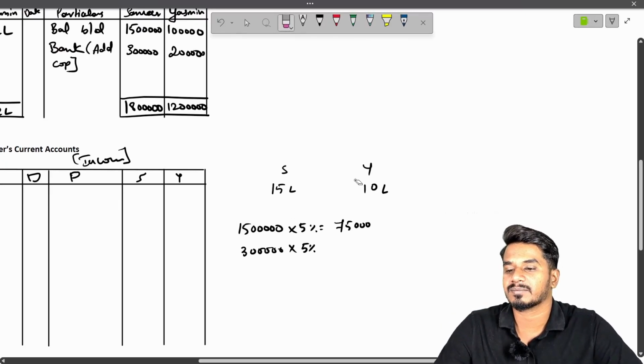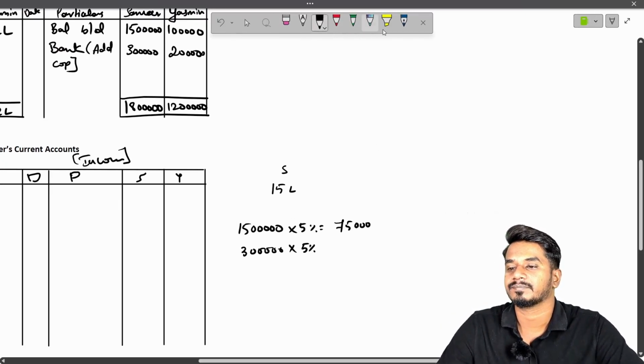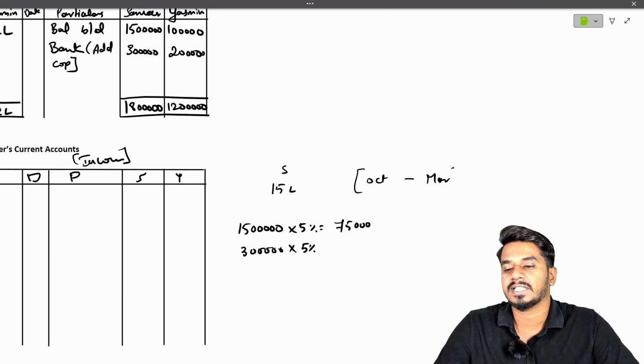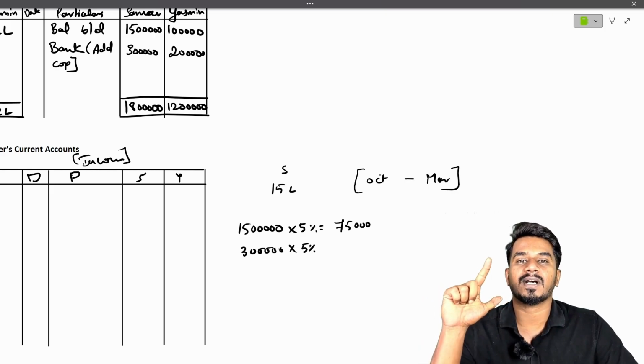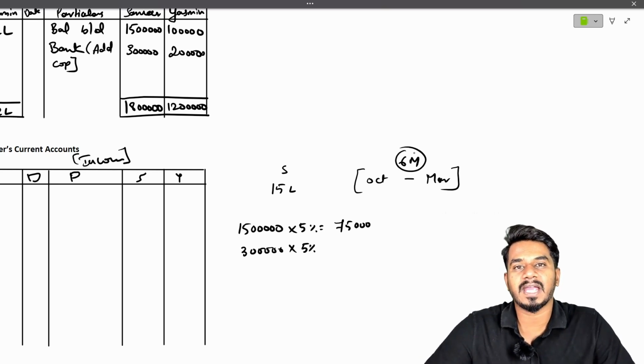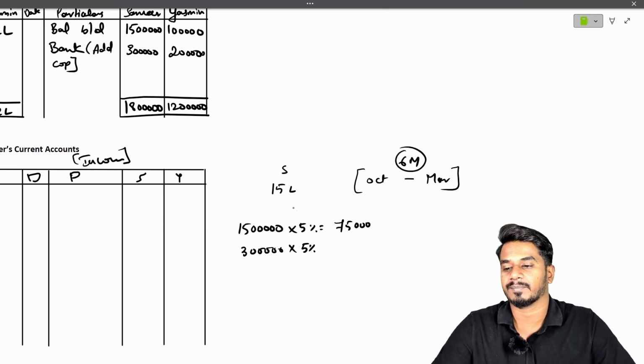From October to March year end, how many months are there? October, November, December, January, February, and March. 6 months. So the company will pay only for 6 months.